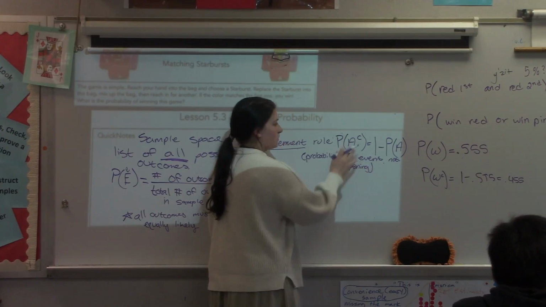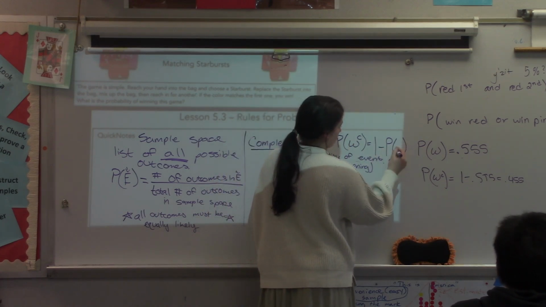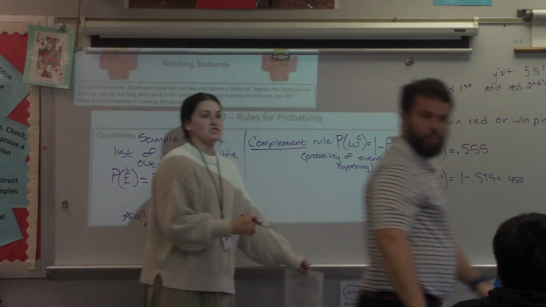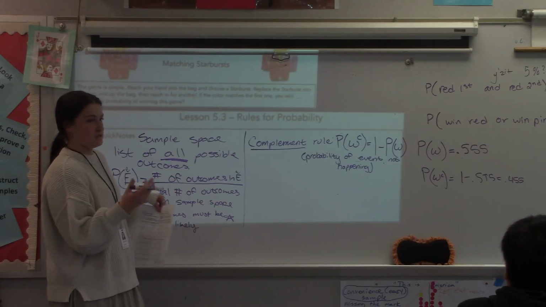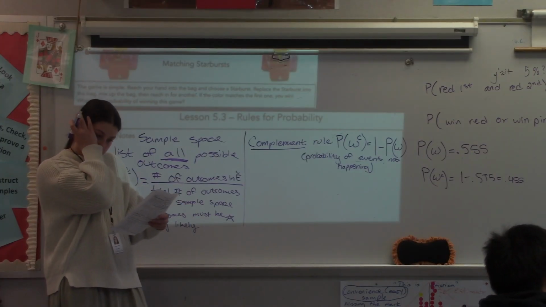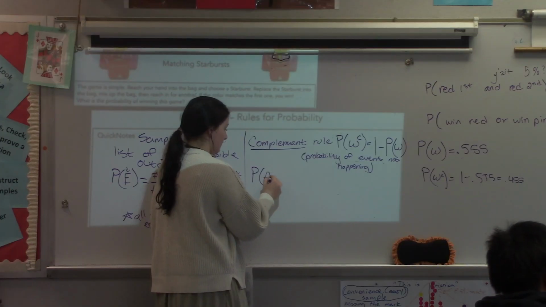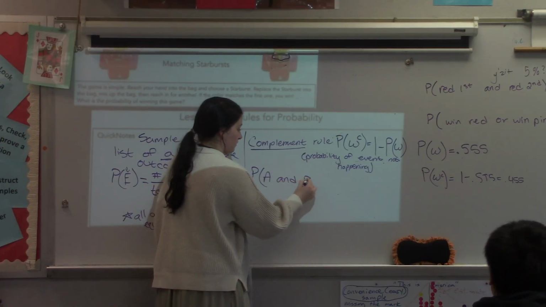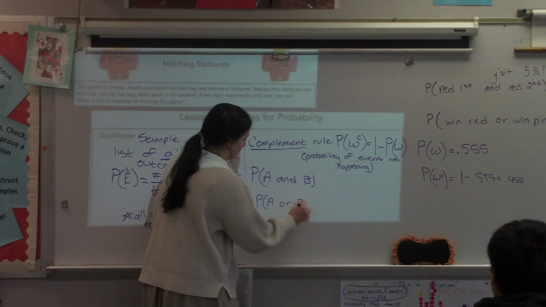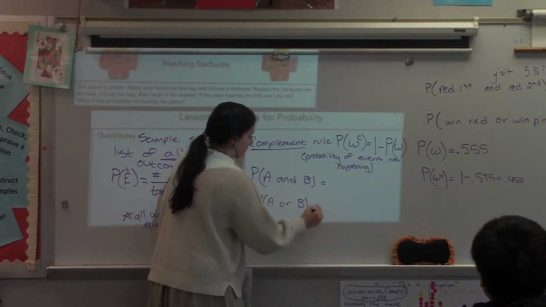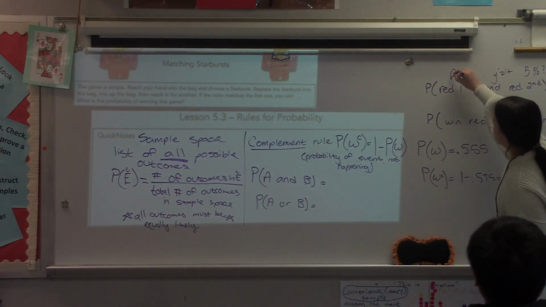A is just any event. We could use W here for win, like I did over there. But A is just any event. Sort of like here, E was any event, it's just a new notation. So, now we're gonna work on the probability of A and B, what that notation looks like, and probability of A or B. B is any event, any two different events.